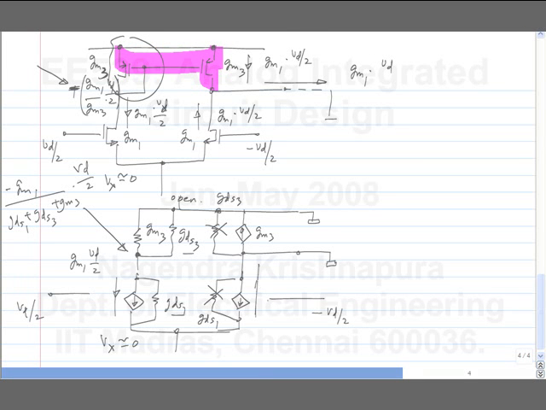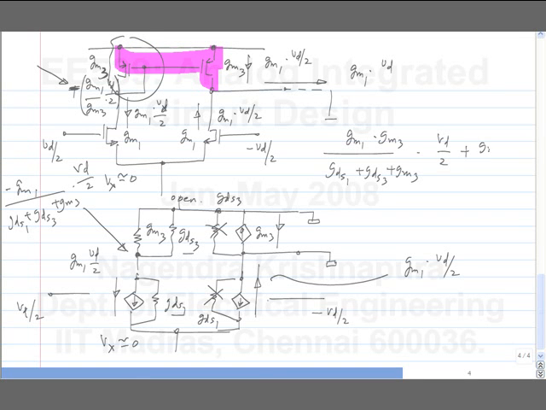So this current is GM1 times VD by 2. Now the current pushed in from the top is slightly different. That is GM1 by GDS1 plus GDS3 plus GM3 times GM3. Okay. This is the total current that comes out.